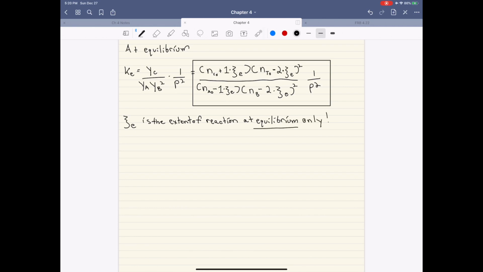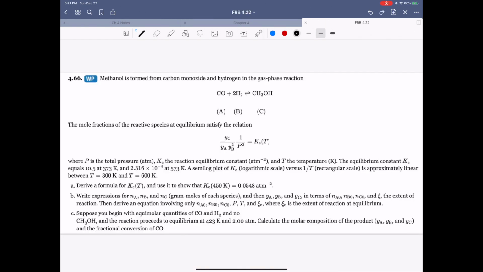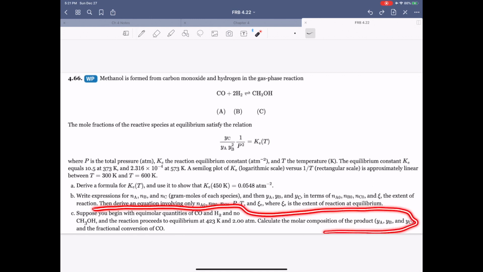With an underline there. So we did all this work deriving relationships that connected the equilibrium constant that we measured empirically to a mathematical formula. And the reason for that is because now in part C, we're going to be applying this sort of relationship to help us solve a material balance problem.